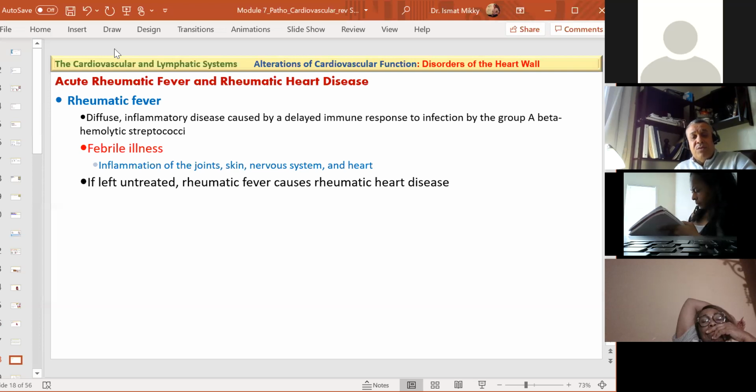The patient will have specific manifestations, like inflammation of the joints, skin changes, in addition to nervous system and cardiac manifestations. If untreated, rheumatic fever causes rheumatic heart disease, so the patient eventually will develop valvular heart problems, valve complications, or valve dysfunctions.